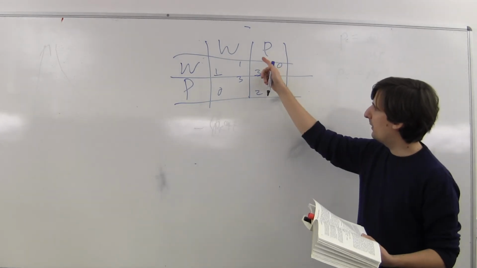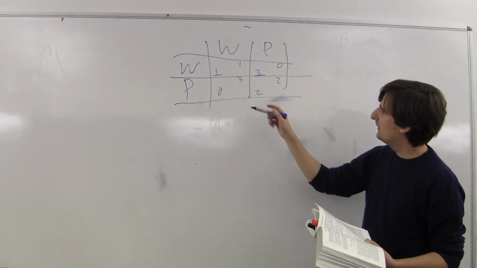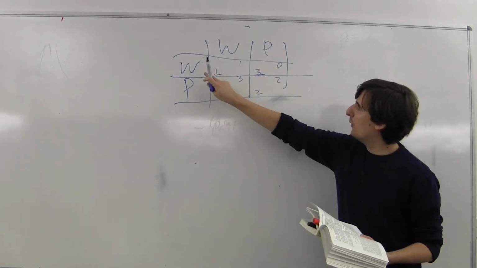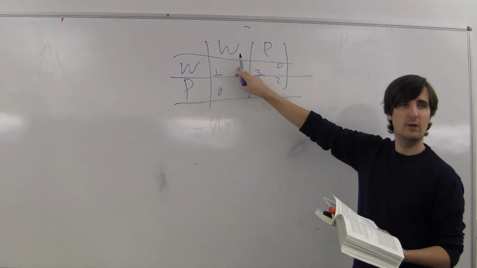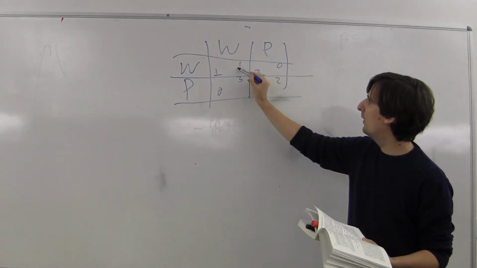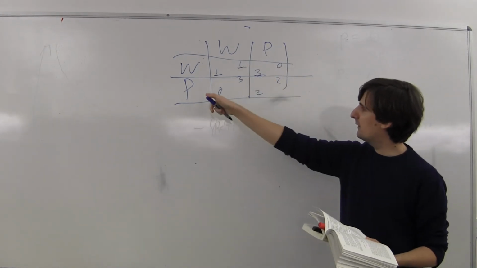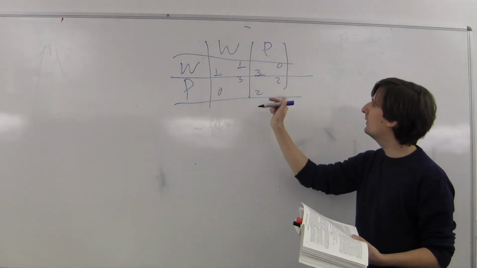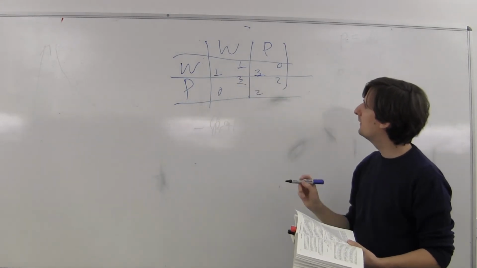Whereas, let's look at the best response function of the column player. If the row player is playing war, the column player has a choice between getting 1 and getting 0, they prefer to get 1. If the row player is playing peace, the column player has a choice between getting 3 and getting 2, they prefer to get 3.